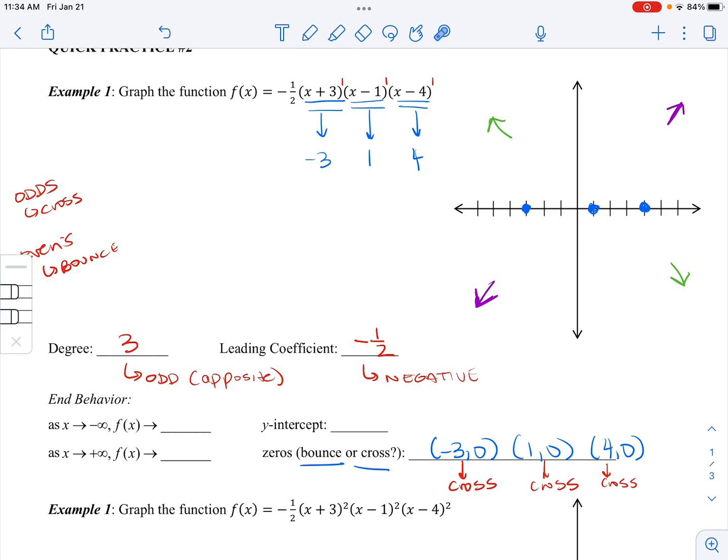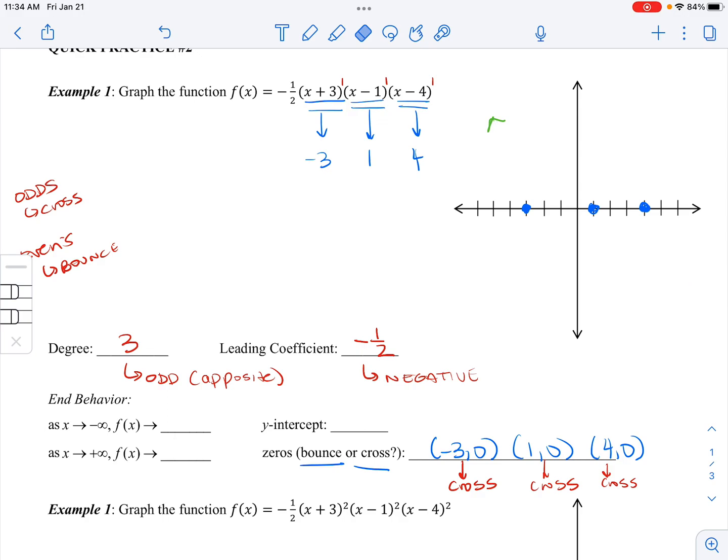These arrows face opposite, and I just need to know whether to leave the green ones in or the purple ones in, and that depends on this sign. Since the leading coefficient is negative, I'm going to start high and come down. So this is a green situation, not a purple.